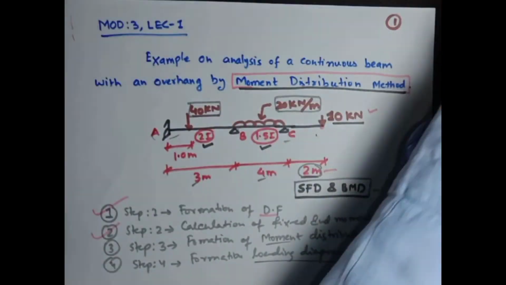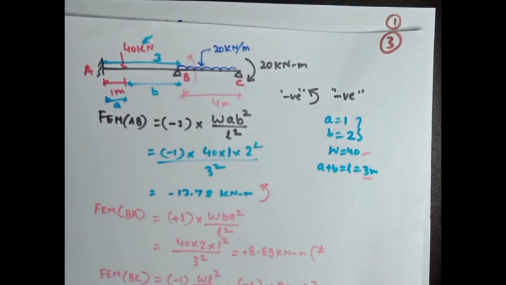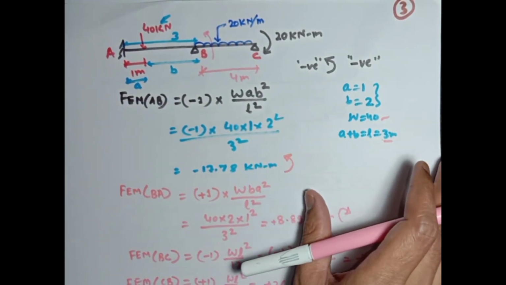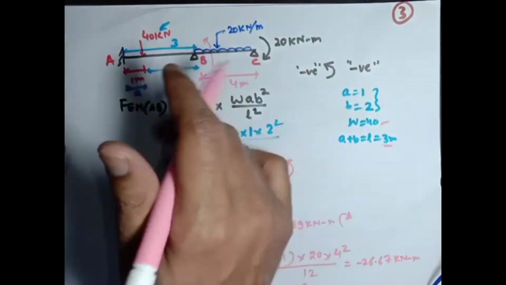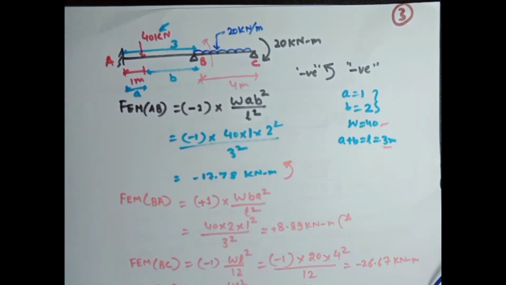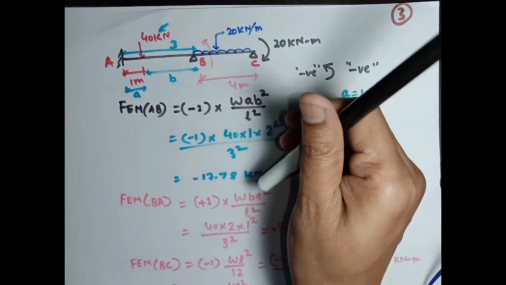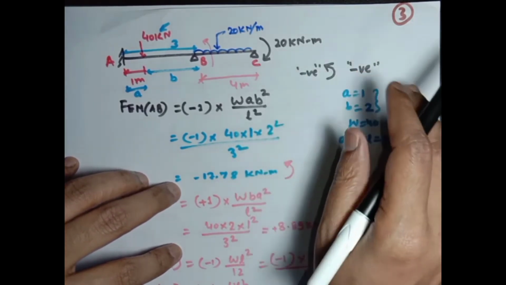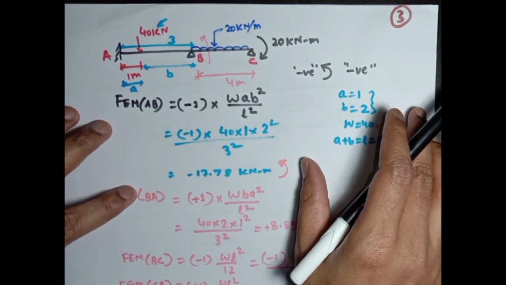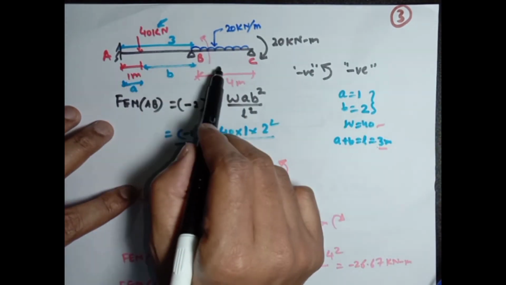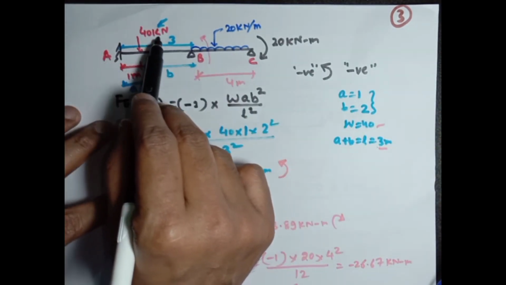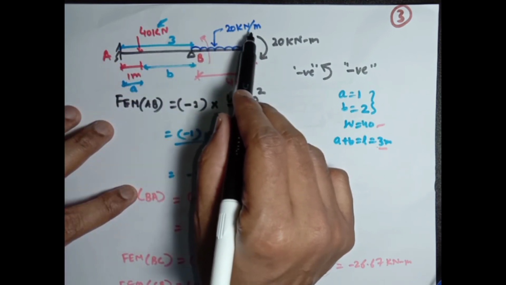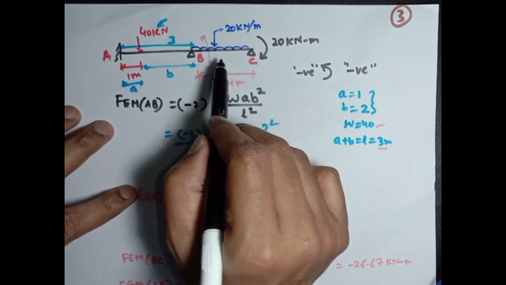Here you can see the identical beam, with the overhang removed and replaced by a moment of 20 kilonewton, converted to a 2-span beam only. Span 1 is loaded with 40 kilonewton at a length of 1 meter from support A, and BC is loaded with a 20 kilonewton per meter UDL.